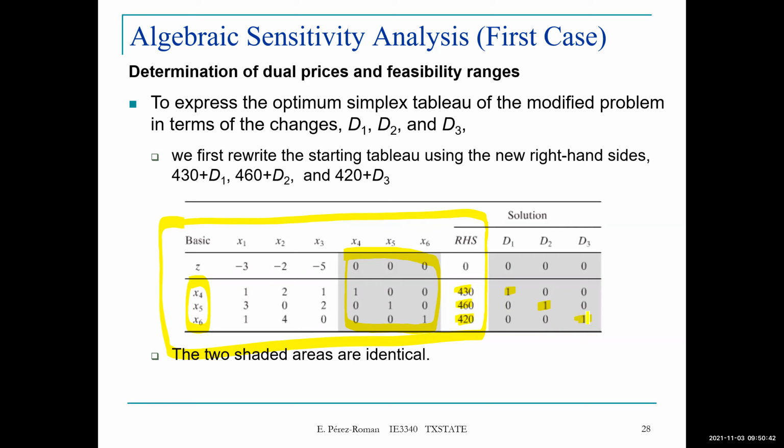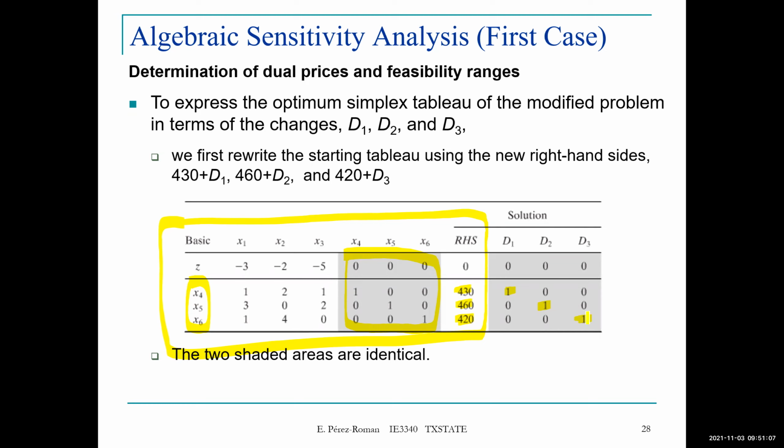And what we are going to do now is solve the problem the same way we did before, with the only difference that any operation that we apply to this yellow table is also going to impact the first 3 columns. These first 3 columns are not decision variables. I don't want you to get confused. D1, D2, and D3 are not decision variables.